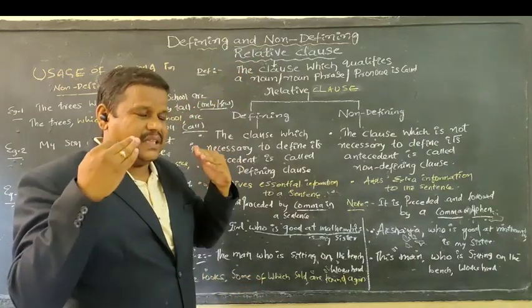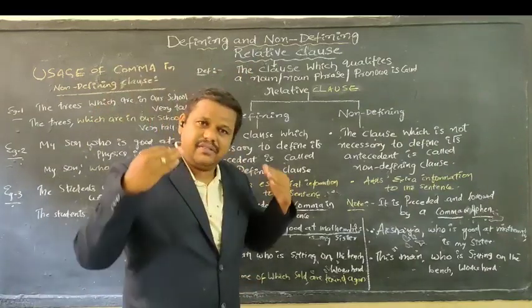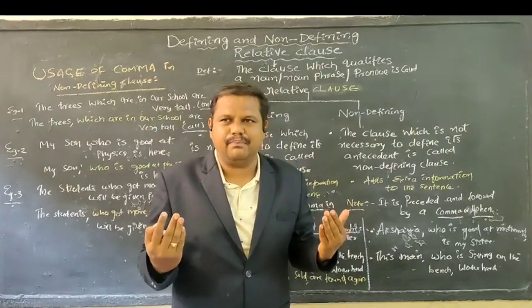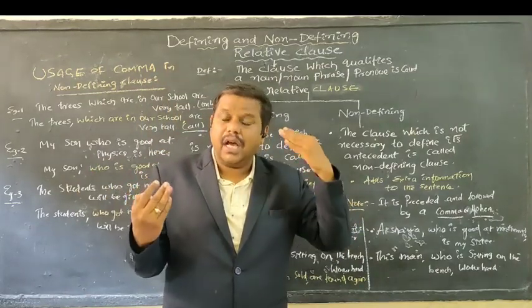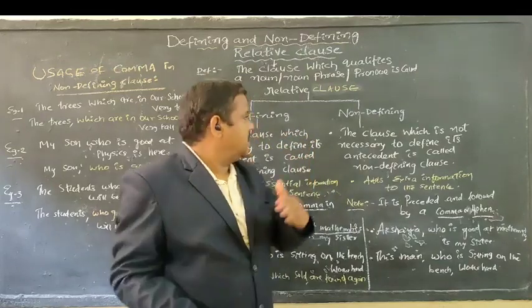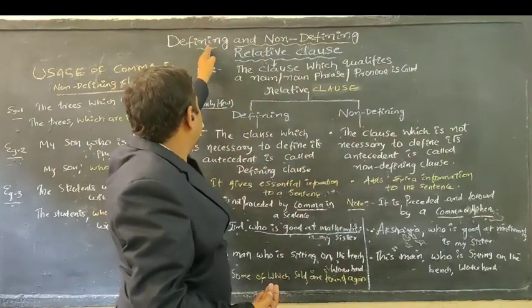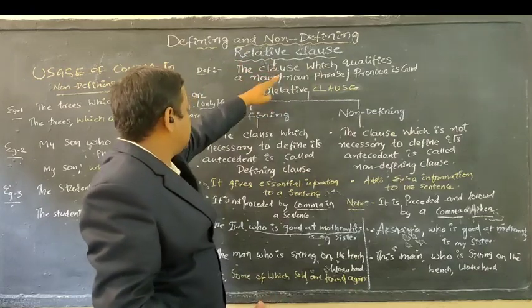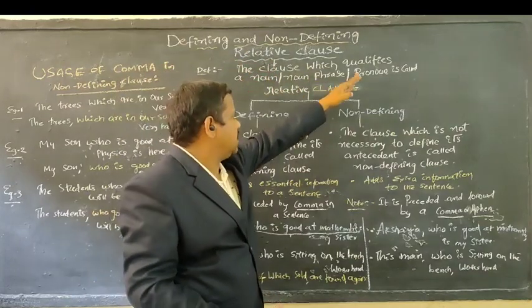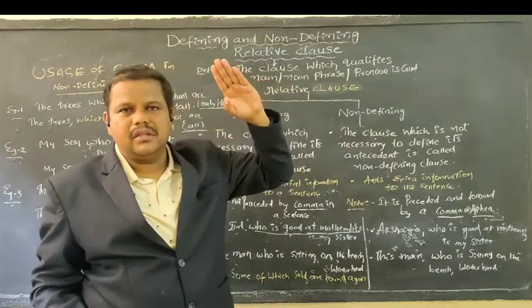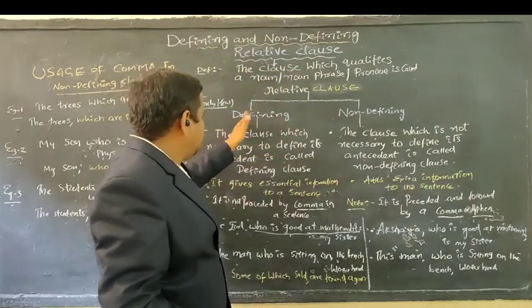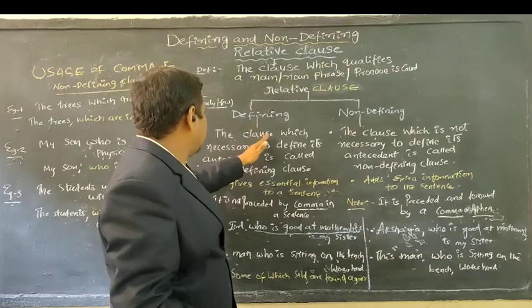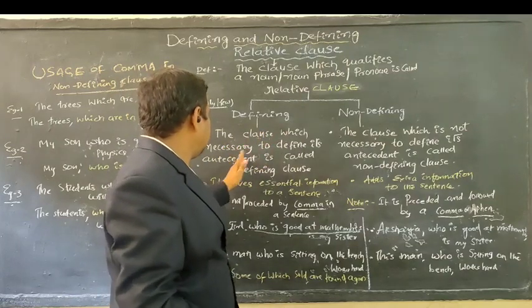Hope you understood the definition and the different examples. We have taken textual examples and other examples from outside. So what is a defining or non-defining relative clause? See once again, the clause which qualifies a noun, noun phrase or pronoun is called a relative clause. A defining relative clause is the clause which is necessary to define its antecedent.